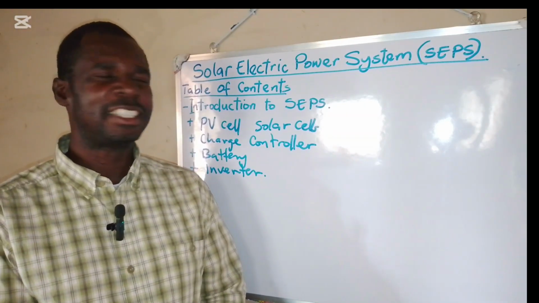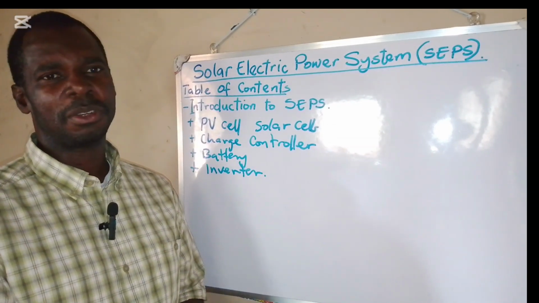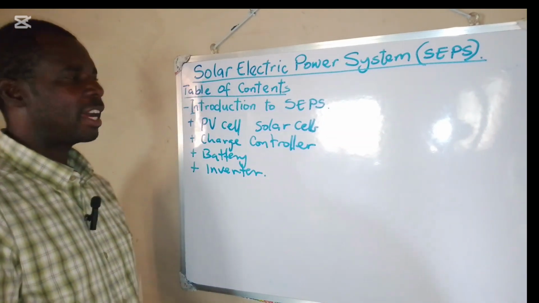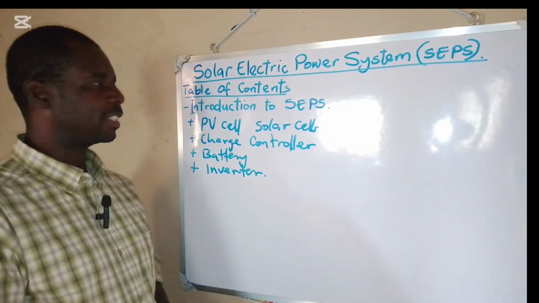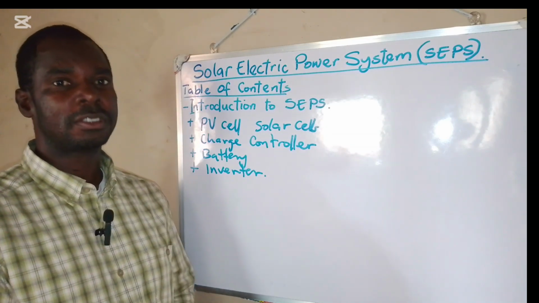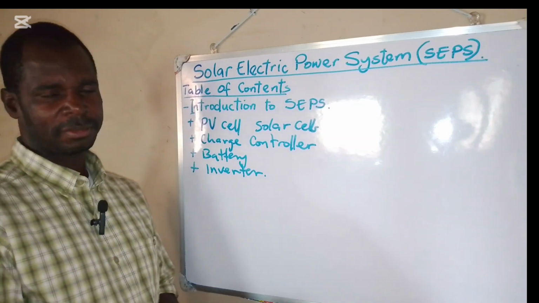You are welcome back. Earlier, I introduced the table of contents of what we're going to be talking about. The very first on the list is the introduction to SEPS, Solar Electric Power System. What is a Solar Electric Power System?